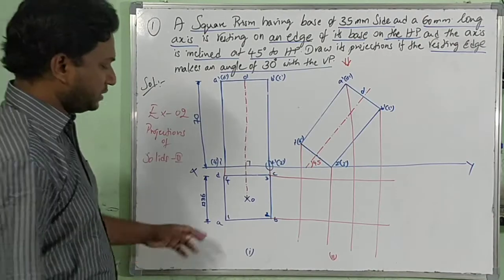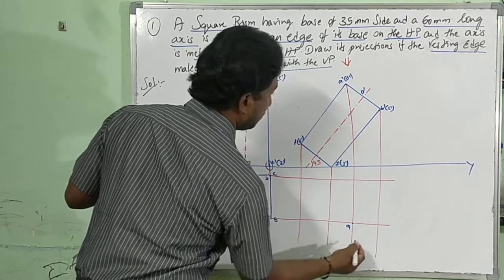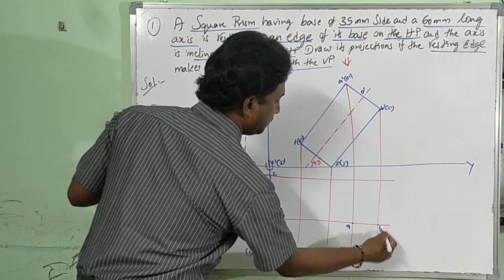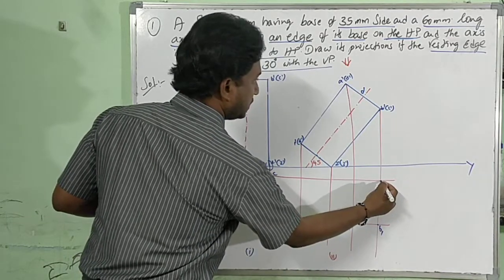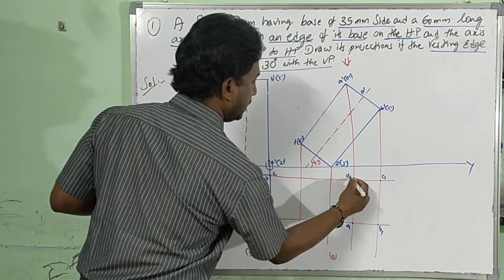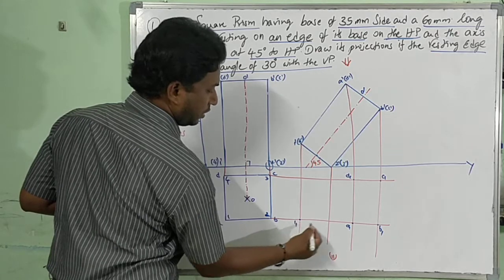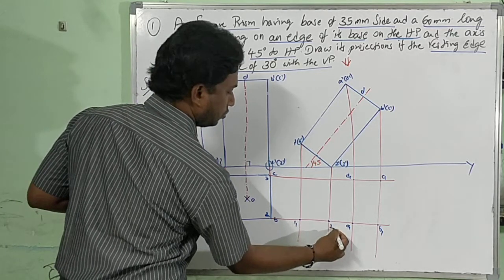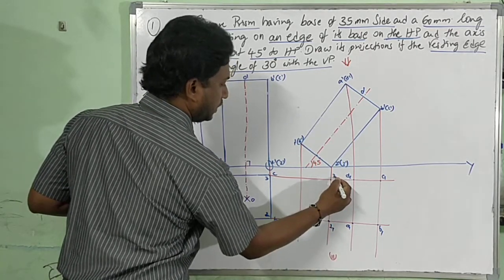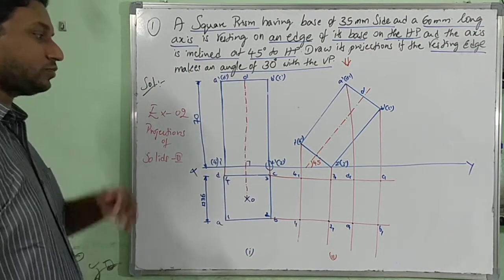Pick the intersection points. A here new point it is, it comes A1. B it comes B1. C dash C1. D dash D1. 1 dash 1 1, 2 dash 2 1, 3 dash 3 1, 4 dash 4 1.